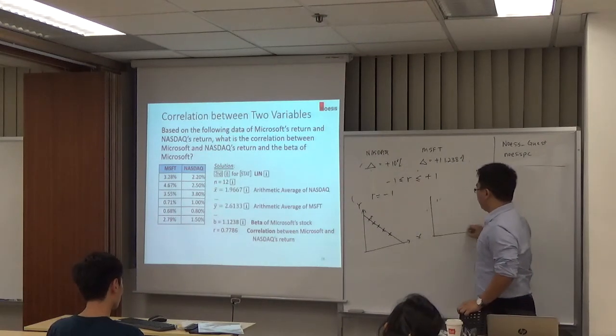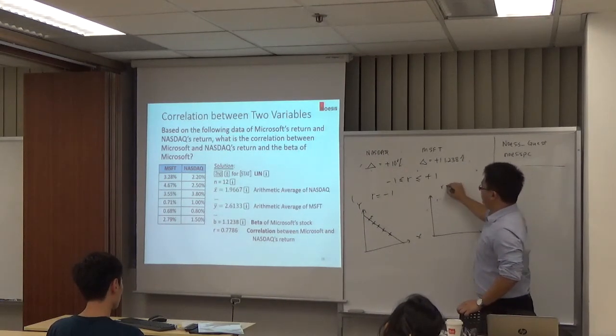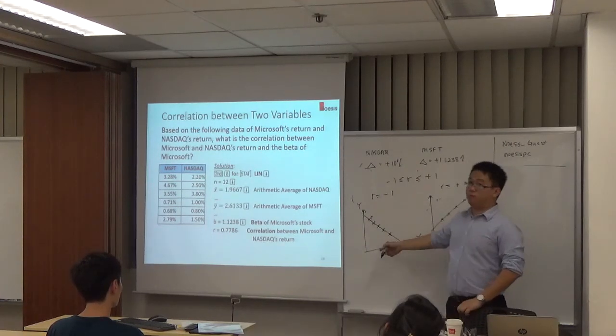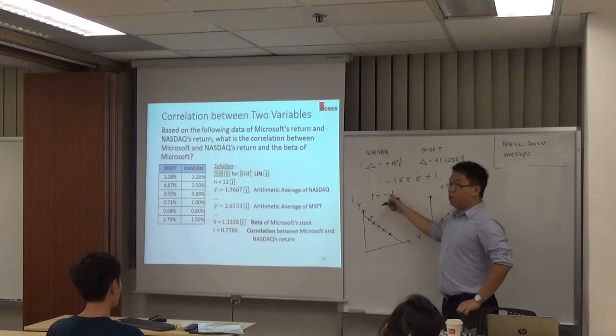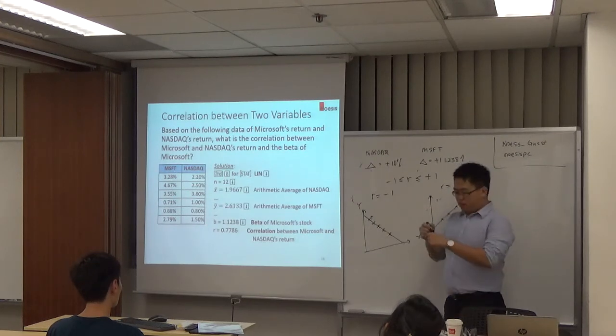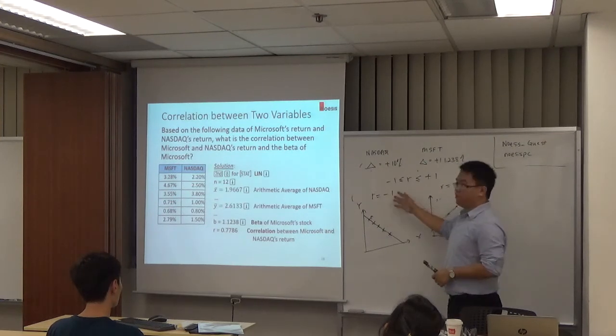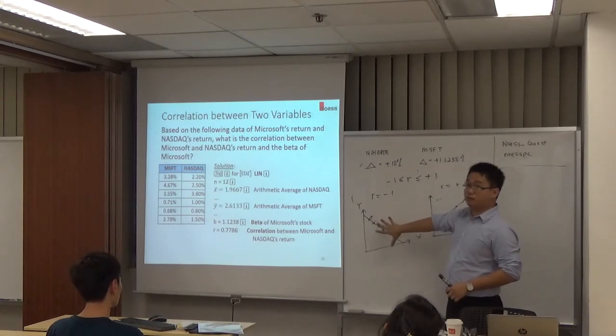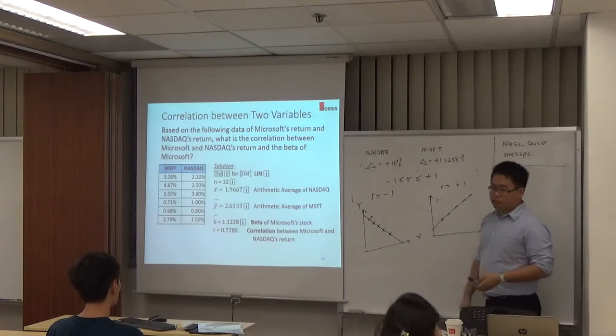If you see r equals +1, which is the other extreme, then you will see a straight line with an upward slope. All your points will be on the same line. Positive slope, negative slope. If it's perfectly 1, everything will be on a straight line. If it's 0.8, 0.9, 0.7, then the points will start to scatter. That's how correlation is.